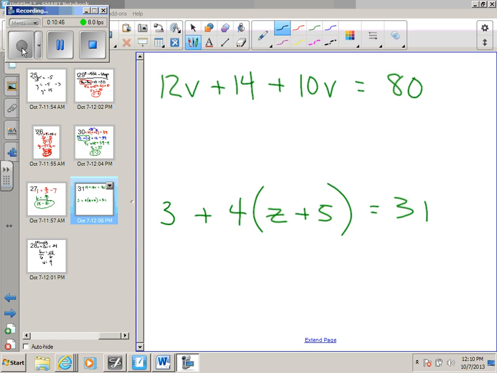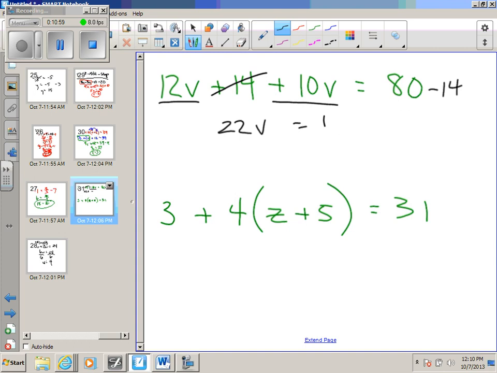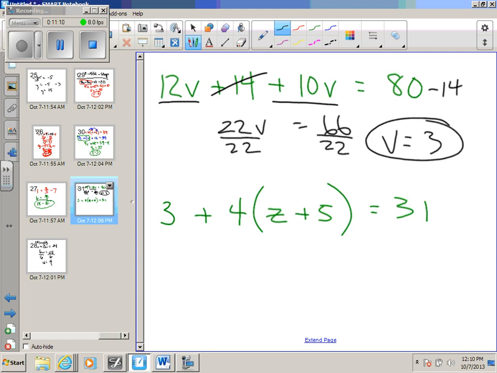First step. Mark. And then we're going to do what with positive 14? 22V equals 66, right? Divide both sides by 22. V equals. Have we got it? All right, good. Yes? Yes?